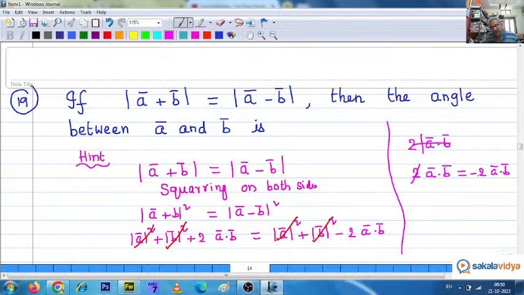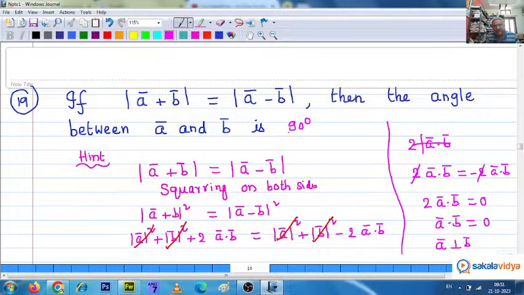Bringing it together, 4 A dot B is equal to 0, so you get A dot B is equal to 0. If A dot B is equal to 0, we get two cases: either A is the zero vector or B is the zero vector. A and B are not zero vectors, that is why it is provided. So A must be perpendicular to B bar. Therefore the angle is 90 degrees.